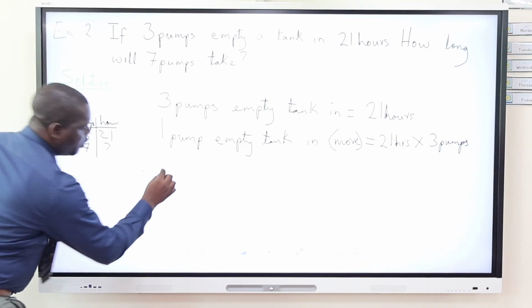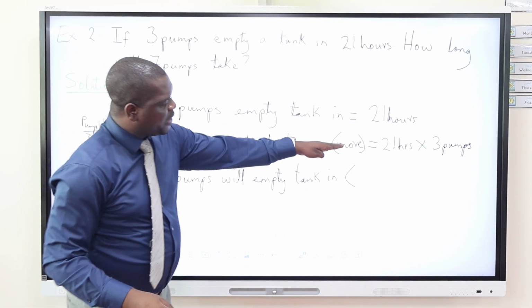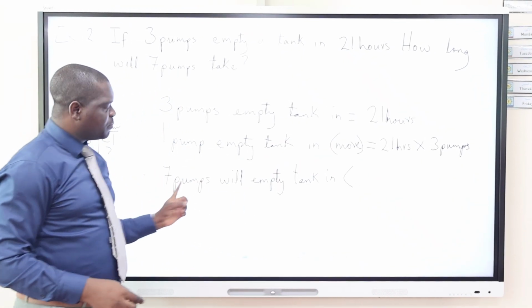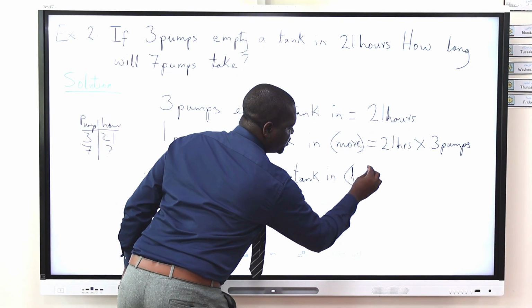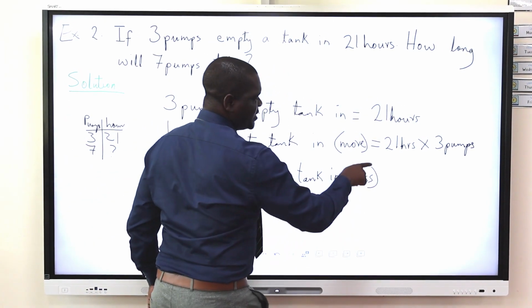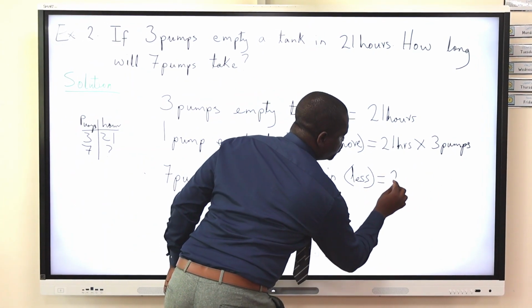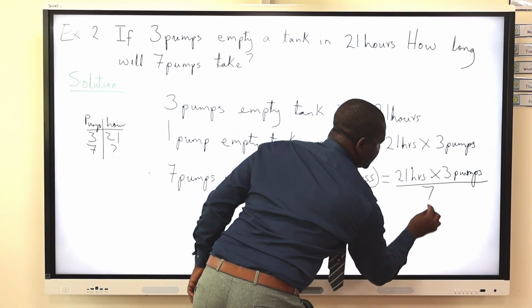Therefore, 7 pumps will empty tank in. Remember, you are comparing with this. If 1 pump does it in more, 7 pumps will do it in less because there are more pumps to do the work. So we'll do it in less. And less means you take this and divide by 7. This will be equal to 21 hours times 3 pumps divided by 7 pumps.